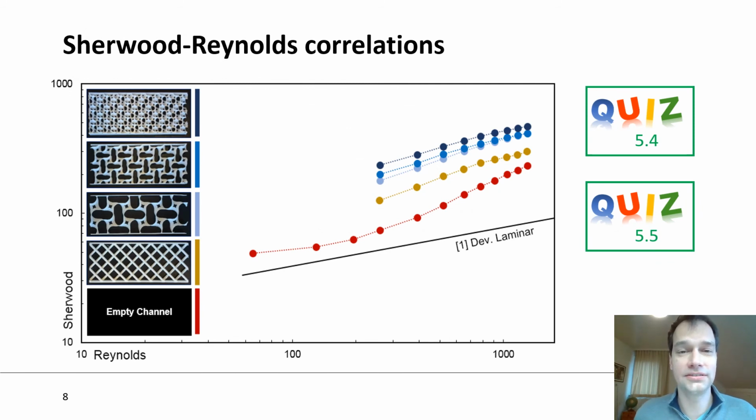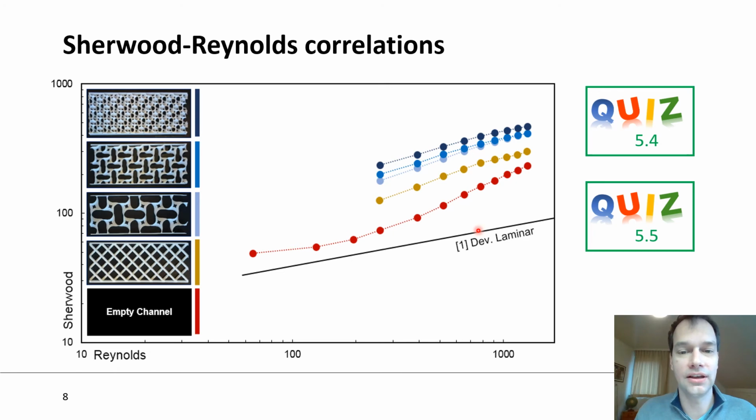Now, how is this useful? We can use this knowledge if we want to improve mass transport in an electrochemical cell. Here I just show a brief example of this. This namely shows the effect of turbulence promoters in an electrochemical cell.